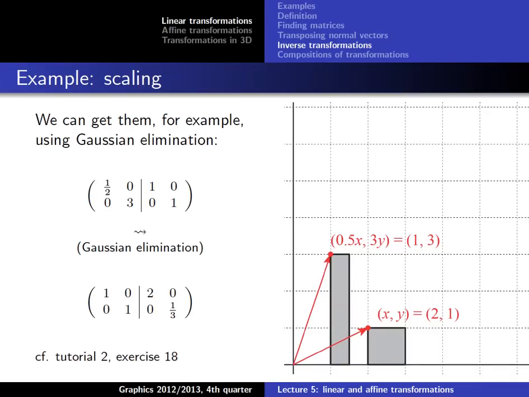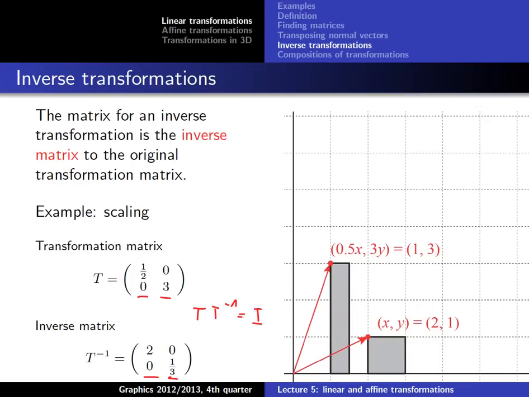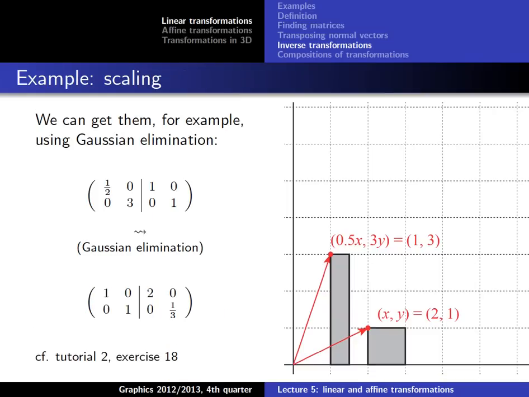Of course, in this case we easily see it, but if we do not easily see it, then we have ways to calculate it. For example, we can calculate the inverse matrix by using Gaussian elimination. I shortly mentioned it last time, but you have an exercise in a tutorial that explains it and also asks you to do the calculation, and if you have done it once, then you will easily understand it.